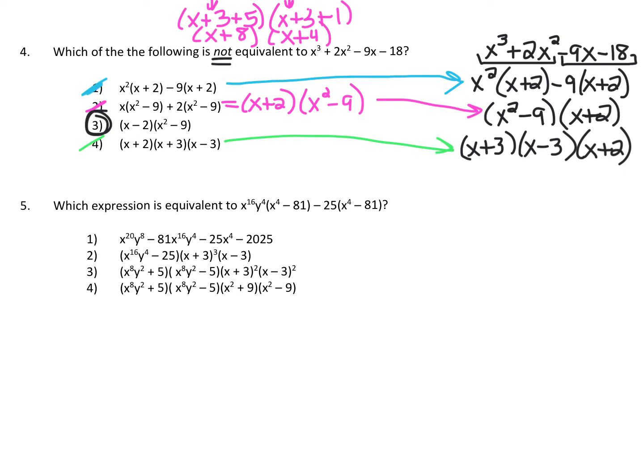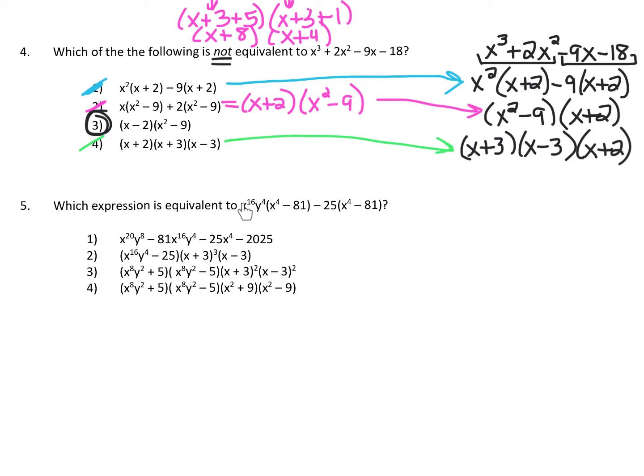Okay, now number 5. Wow, this looks like a lot going on here. But before I start, I'm just going to look. We want to know which expression is equivalent to this. Now, if you see the same expression within the parentheses, we're in the middle step of a factor by grouping problem. Can't we take what's in front of the common parenthesis and group them together?